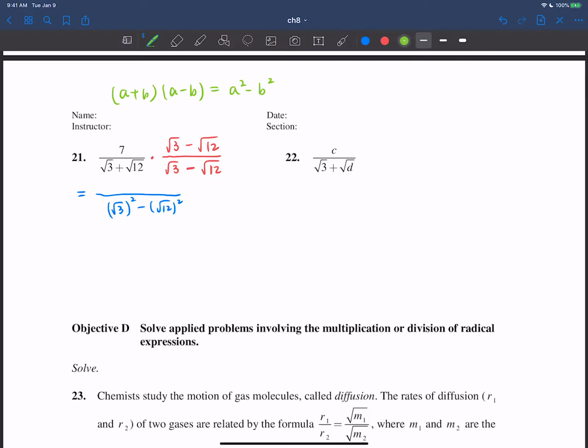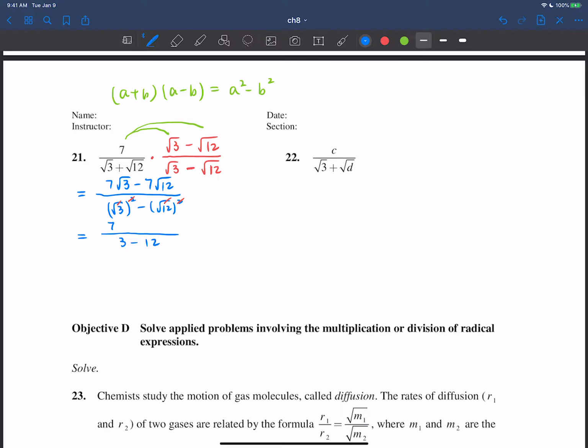On the top, you distribute 7 into radical 3 minus radical 12, and that will give you 7 radical 3 minus 7 radical 12. Let's simplify this. The bottom one becomes 3 minus 12 because we have inverse operations. You could cross them out.